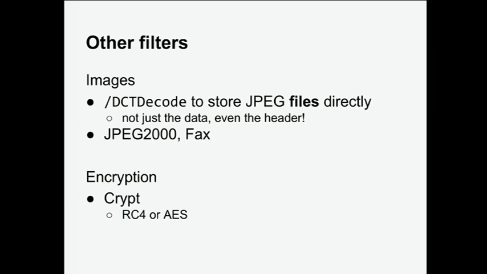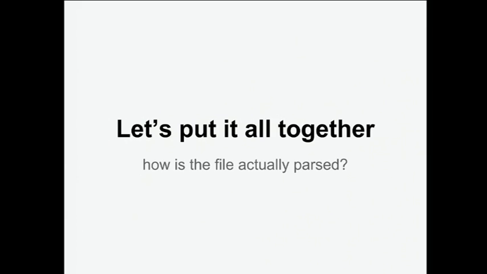And the JPEG images are stored directly in the file. This is really important to know, because we'll see later, if you have an image that you wanted to remove from a PDF, or you want to make sure it's deleted, the JPEG images are really stored completely as binary inside the file. And then there is some encryption and stuff, or JPEG 2000, fax, but we don't care about that.